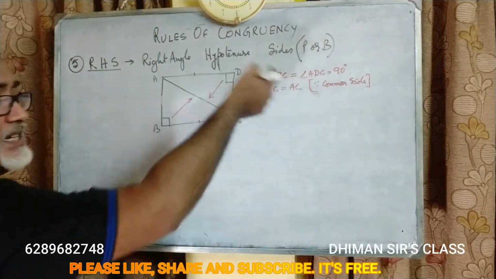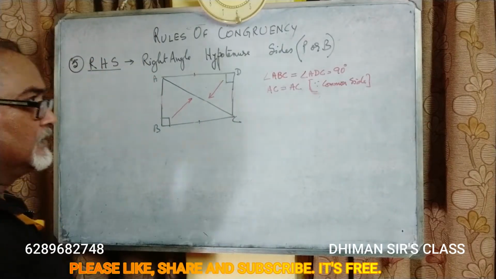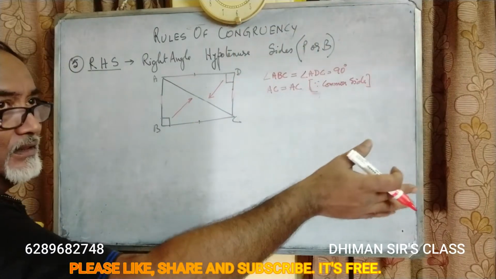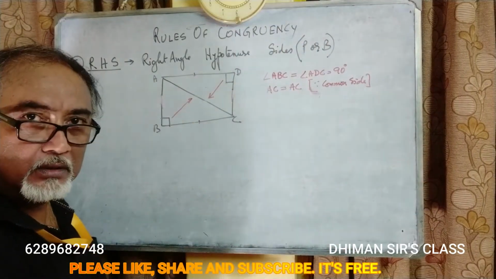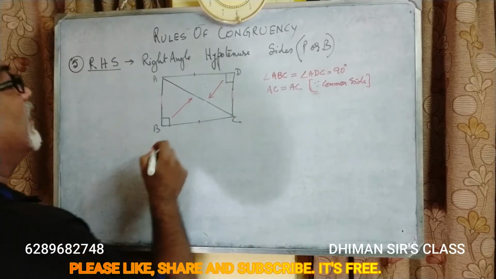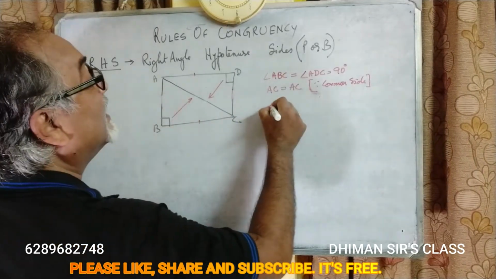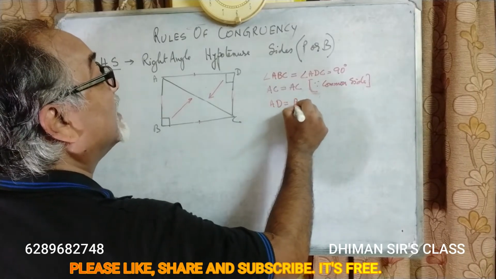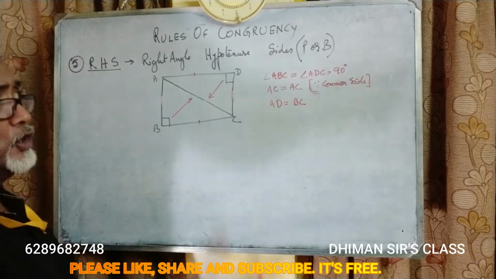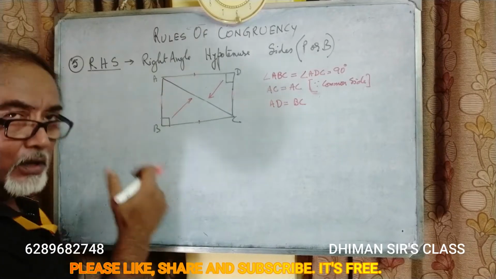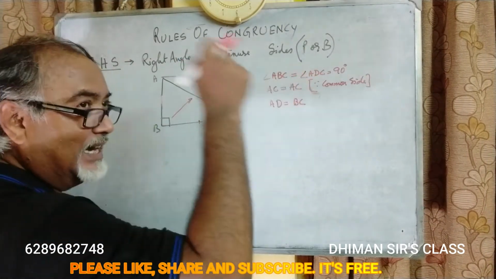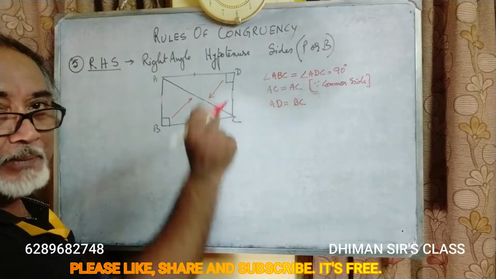Here you don't have to mention that this is the hypotenuse. Once you have mentioned this is 90 degrees, that means this is the RHS rule. It is understood. Now, AD is equal to BC. Here also you don't have to mention that this is base or perpendicular, because right angle in itself implies that the RHS rule is going to be applied here.